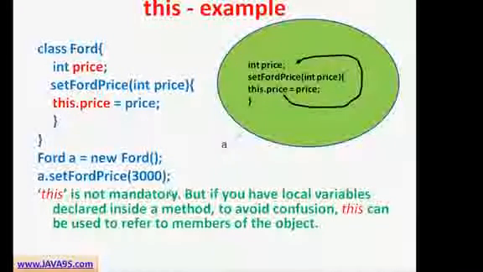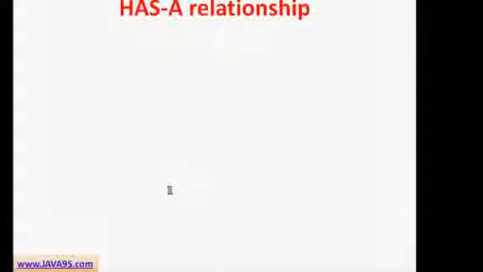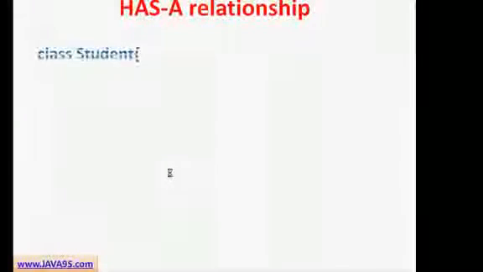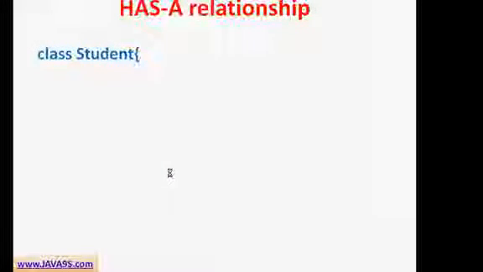Then comes the has-a relationship. When you use extends, we learned that there will be an is-a relationship formed. A has-a relationship is formed by the composition principle. So let me say we have a student. Student uses a pen to write.